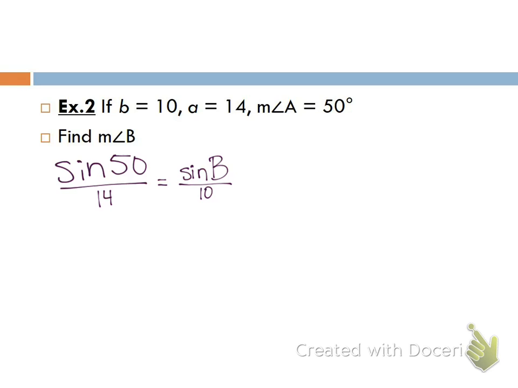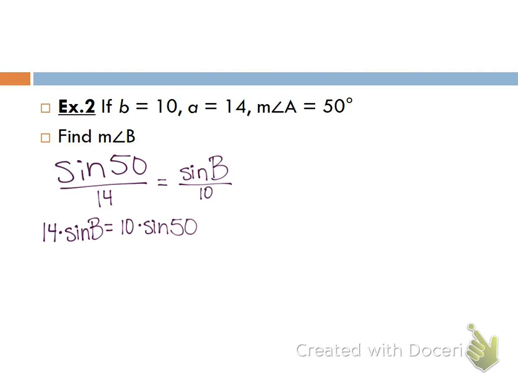Again, we need to cross multiply. We're taking 14 times sine of B, set equal to 10 times sine of 50.